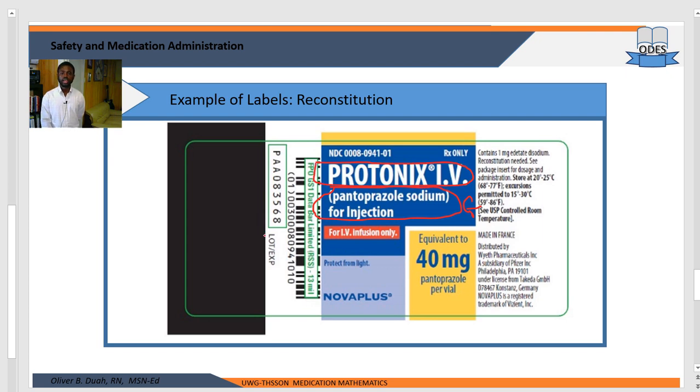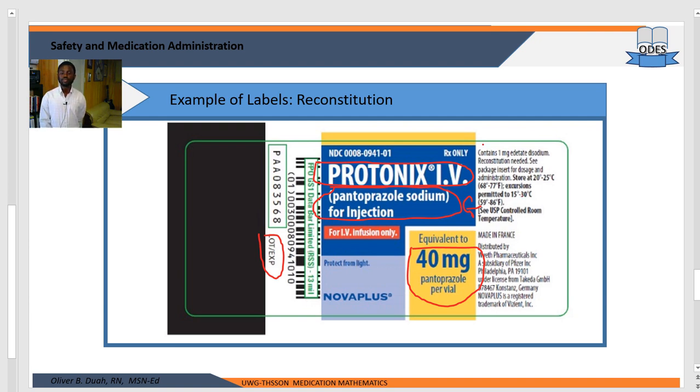On this, you'll find the lot number and expiration date, and then it tells you the formulation. So this tells you that you have 40 milligrams per vial. Now, it's not giving this to you as 40 milligrams per ml because we have to reconstitute.